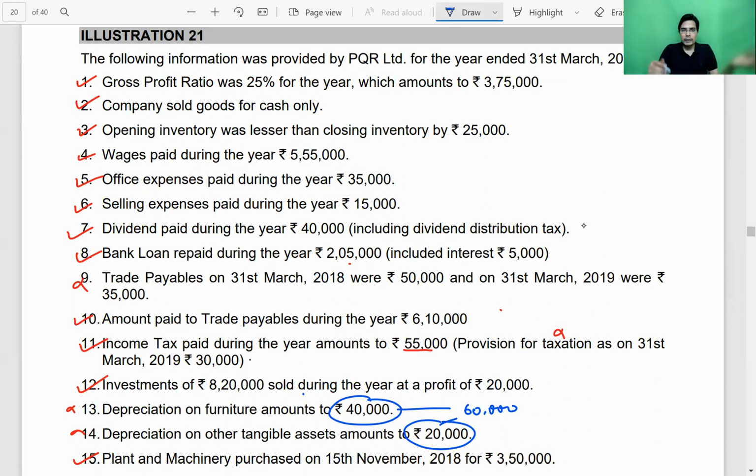Suppose opening was 100, closing is 125. Then we say that opening inventory is lesser than closing inventory by 25. So this means that stock has increased during the year. In simple words, this is nothing but increase in stock.